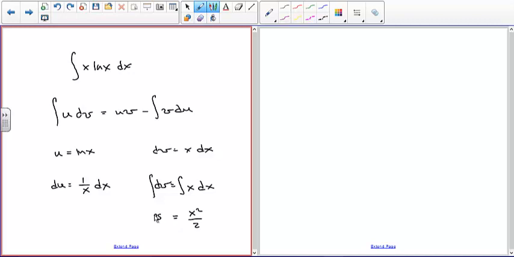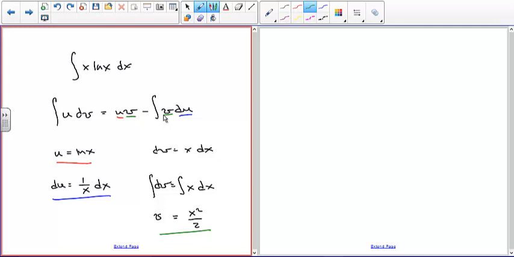So v is x squared over 2. So again, I have u, which I need. I have du, which I need here. And I have v, which I need there and there. So I have everything I need to plug into my expression for integration by parts.